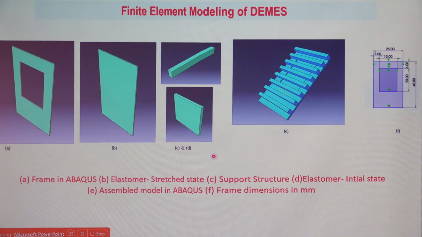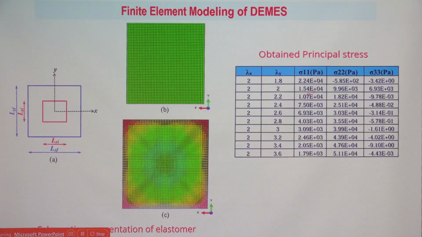So in this membrane, the material is defined, and you provide the initial condition as these principal stresses. For example, if I am providing a biaxial pre-stretch of 2 in both directions, I can find this table separately and provide these stresses as an initial condition.